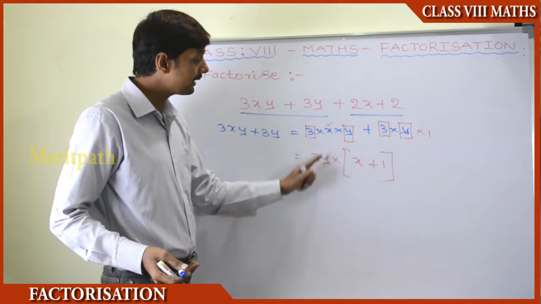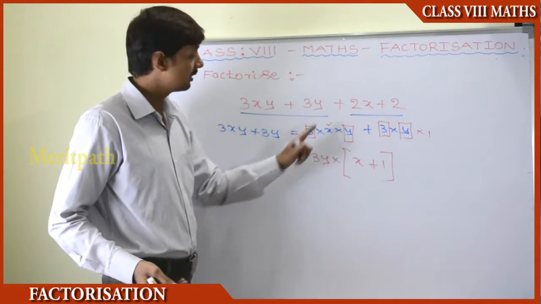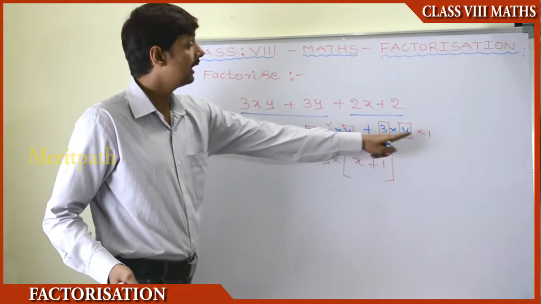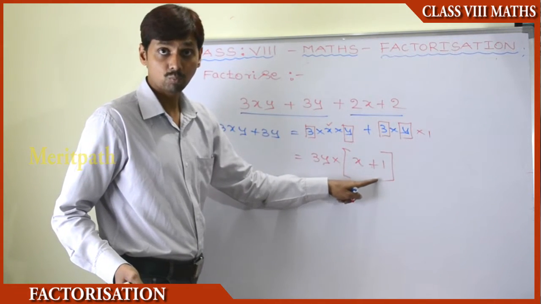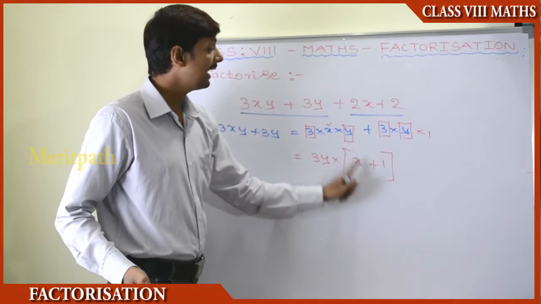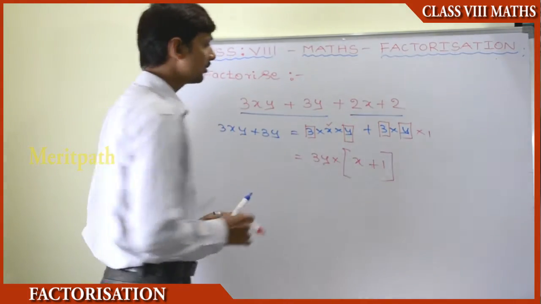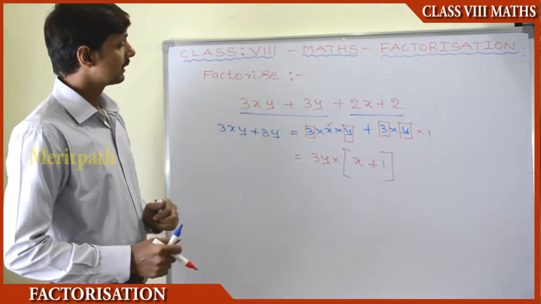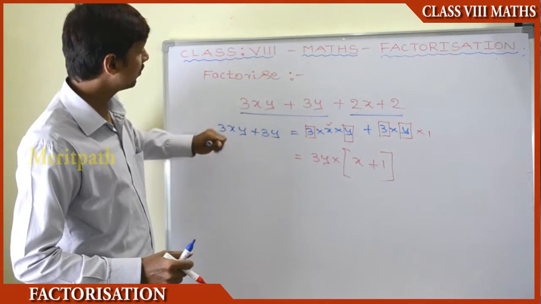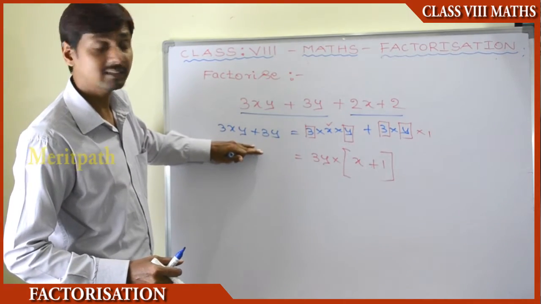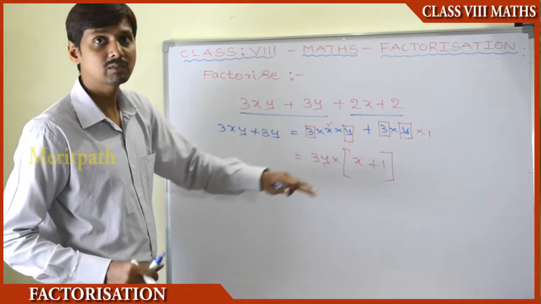Taking 3y in common, we get x plus 1. So from these two terms, we got the factors 3y and x plus 1.